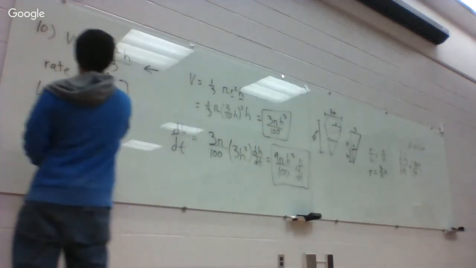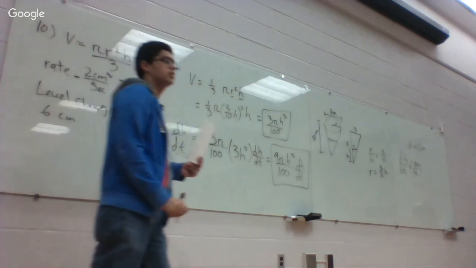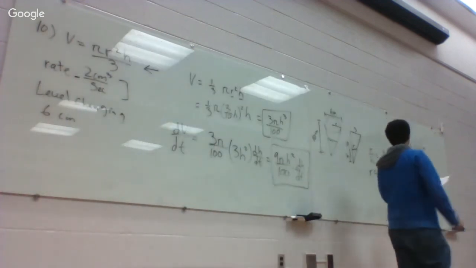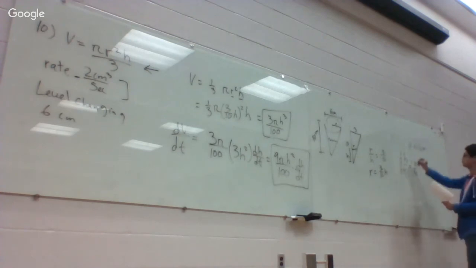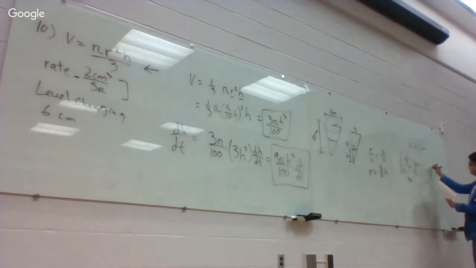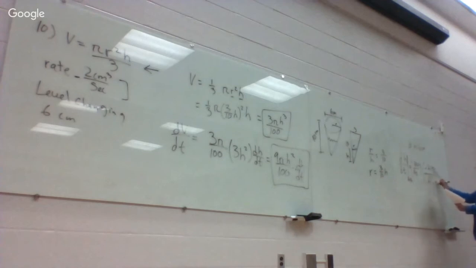We need to recognize that it is negative because the volume is decreasing. So at h equals 6, negative 2 centimeters cubed per second, all over, we divide by h squared. So that's 6 squared centimeters.